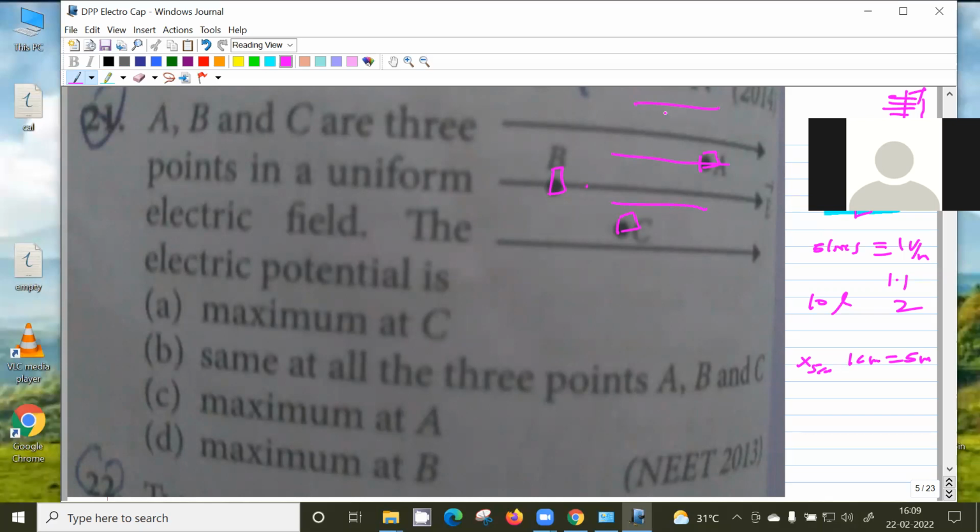What makes sense is the density of lines. See, I can draw any number of lines, but just the spacing should be the same.